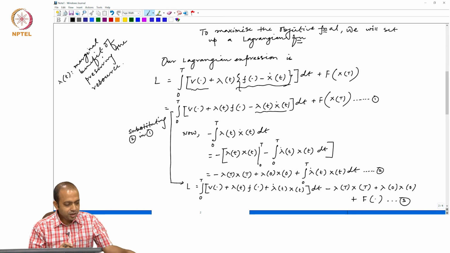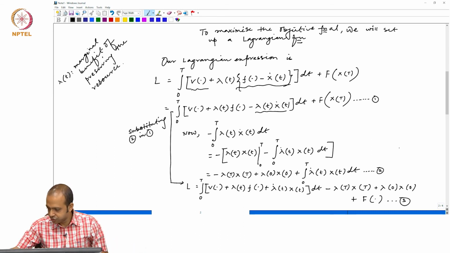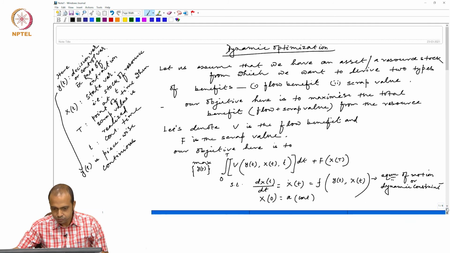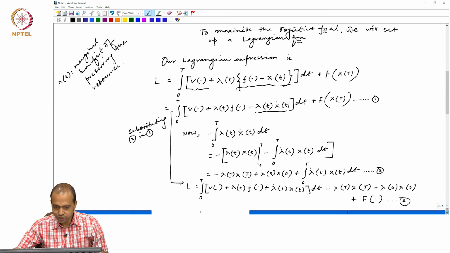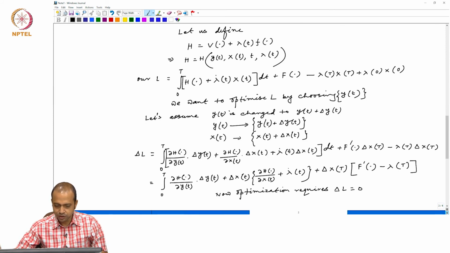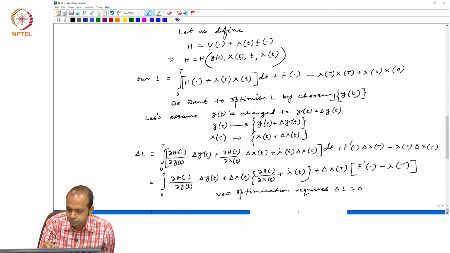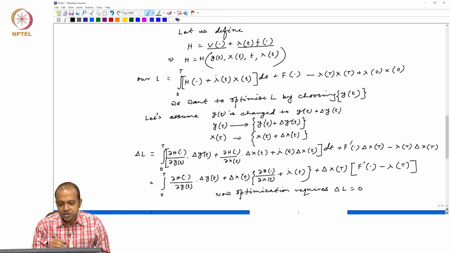Now, in the function H, when we define the H function, if you look at H, it is basically a summation of two benefits.